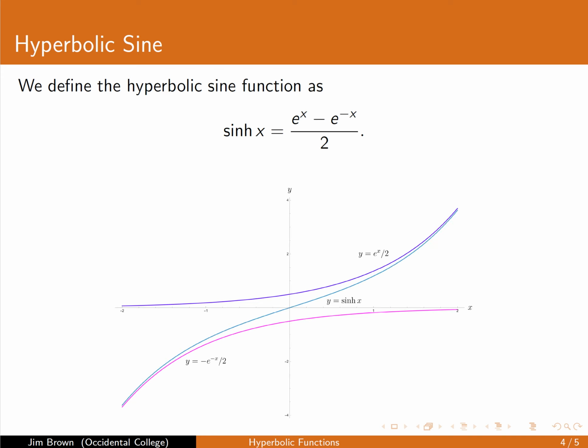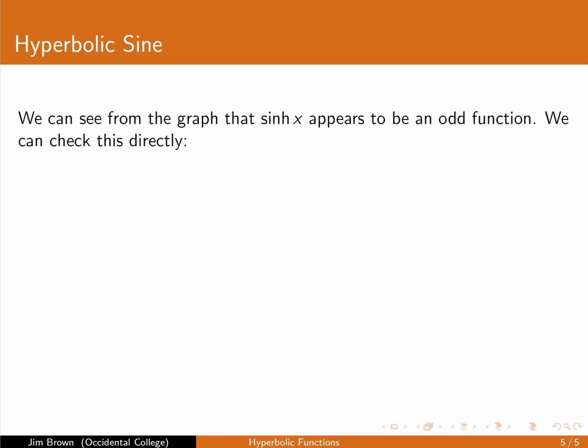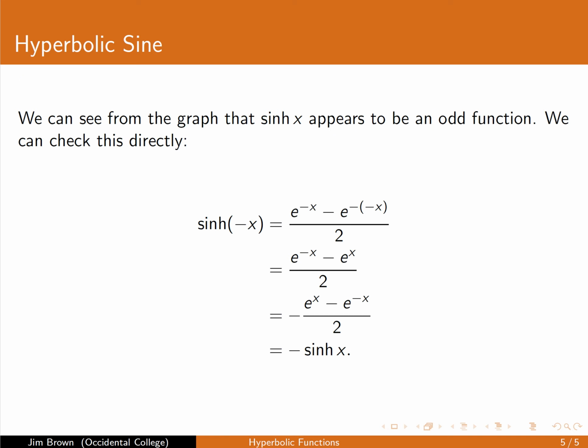So you can see again, in this case, it goes through 0 at x equals 0. And then as x goes to infinity, it approaches e to the x over 2. And as it goes to negative infinity, it approaches negative e to the negative x over 2. And from this, it looks like this is an odd function. So we can go ahead and check that as well. So we plug in negative x, and again, we just go through the algebra here.